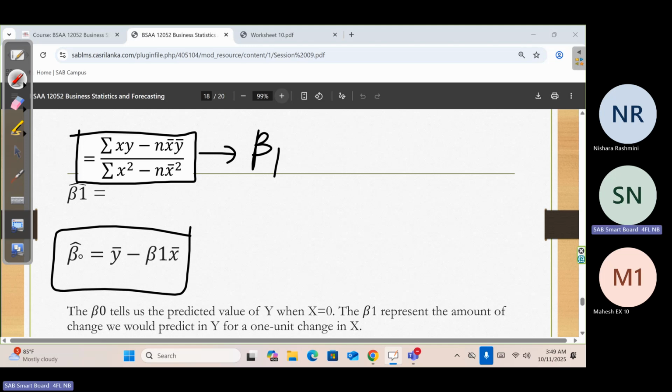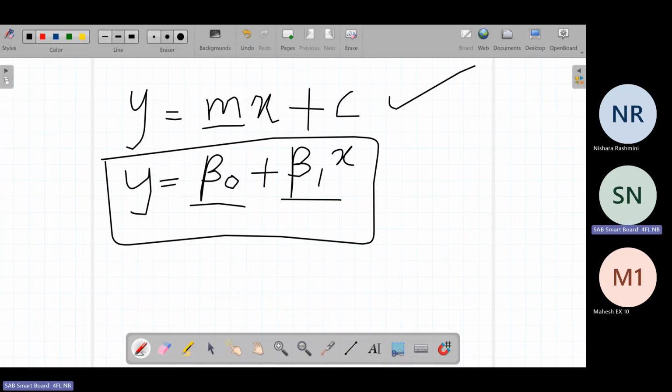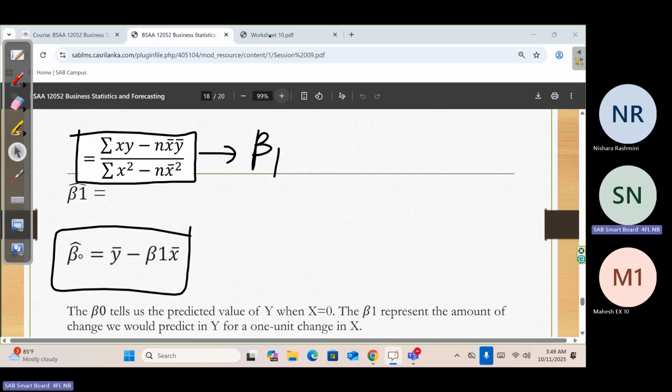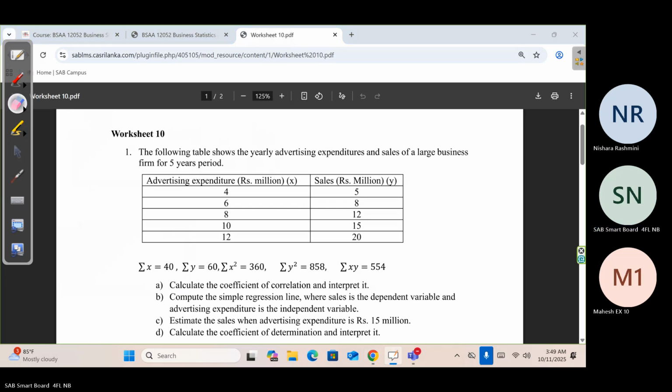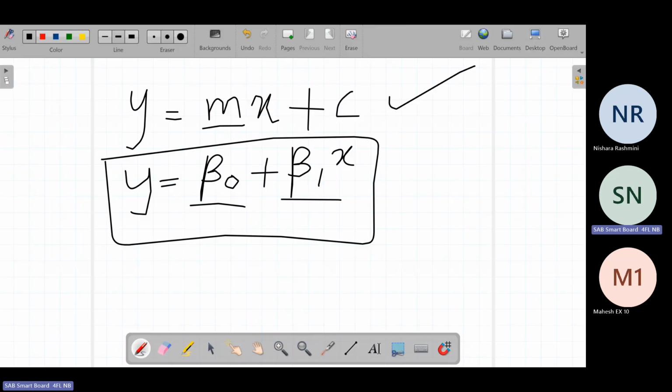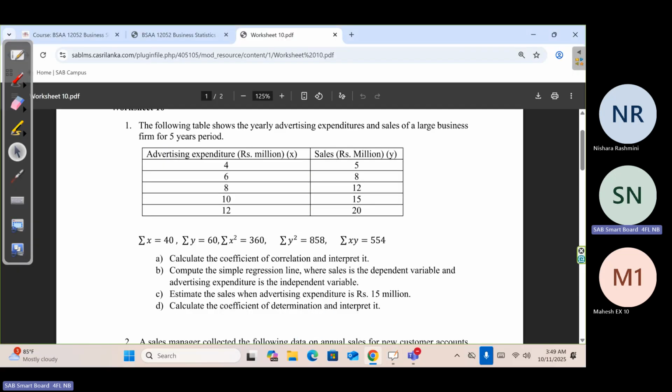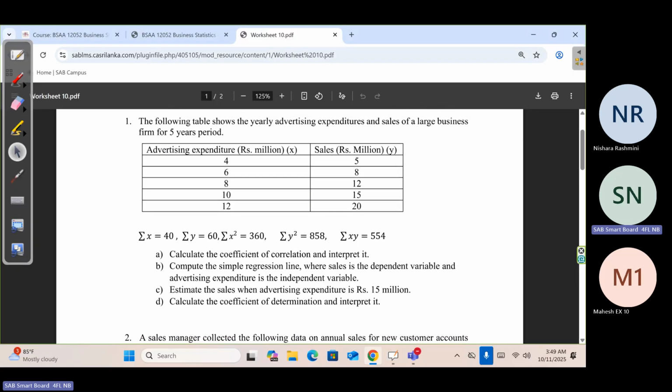It's clear? Okay. Then, using the same data set in question number 1, part B asks us to construct the simple regression line model.